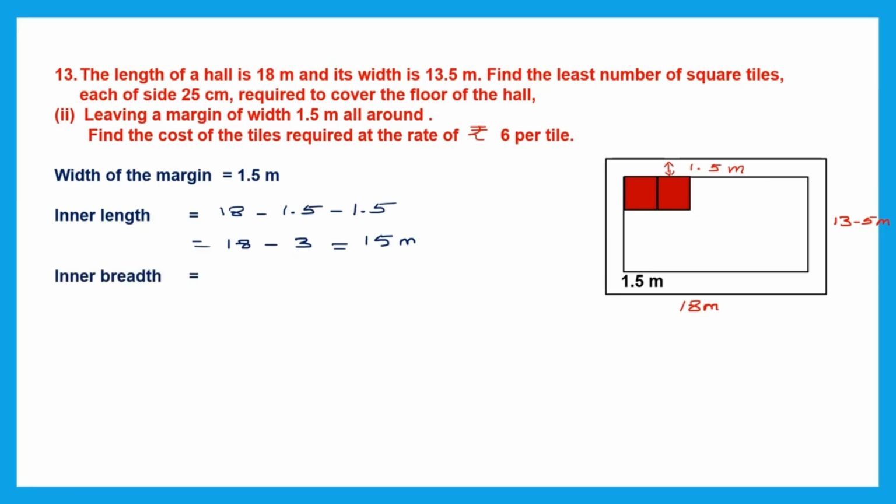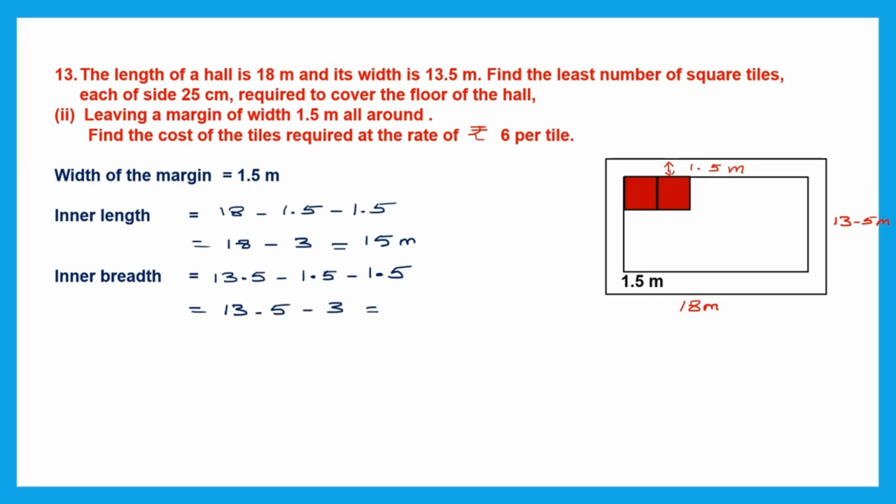Similarly, the inner breadth also. Now breadth is 13.5 meters for this rectangle outside. If you want to find the inner one, we take 13.5 and minus 1.5 here and 1.5 here. So this becomes 13.5 minus 1.5 minus 1.5. So this is 13.5 minus 3.